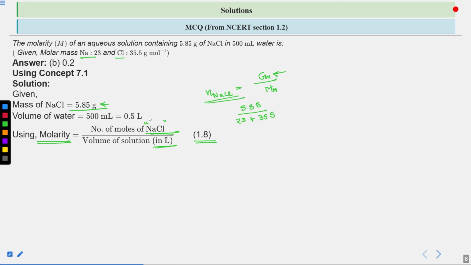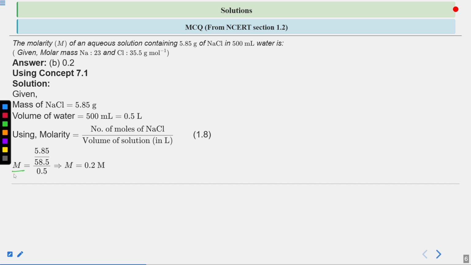The volume of solution is given, and we just converted it to liters, which is 0.5 liter. So the molarity you can define as 5.85, which is the given mass, divided by the molar mass, which is 23 plus 35.5, equal to 58.5, and divided by 0.5. 0.5 liter is the volume of the solution.